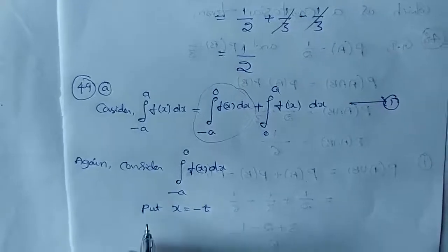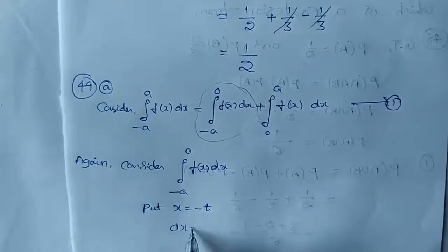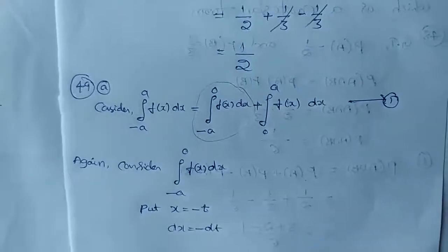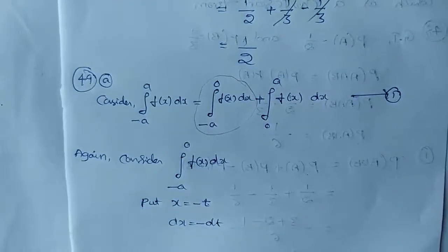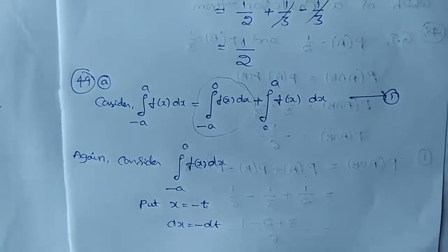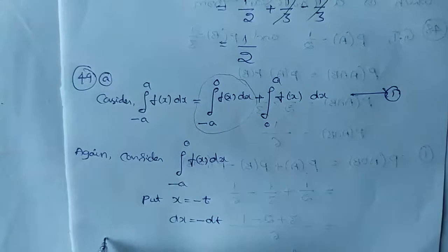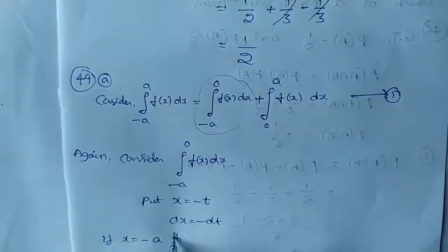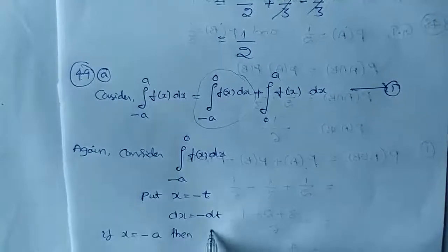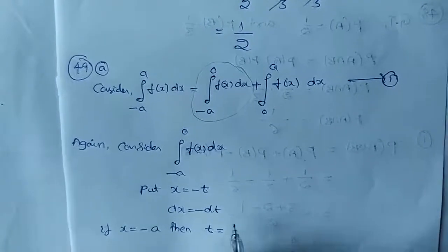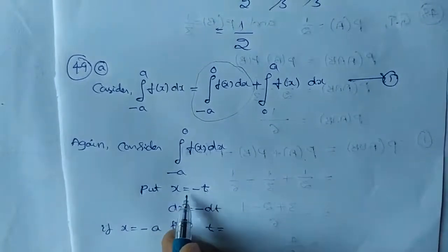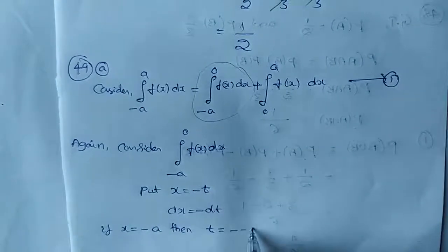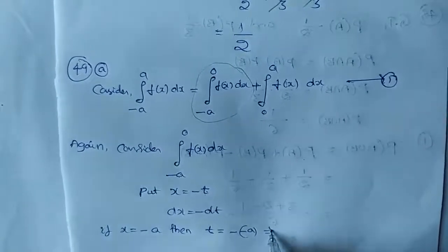If x equals minus t, then dx equals minus dt. Now the limits also change. If x equals minus a, then what is t? X equals minus t, then t equals minus x. So minus of minus a. Therefore, t equals a.